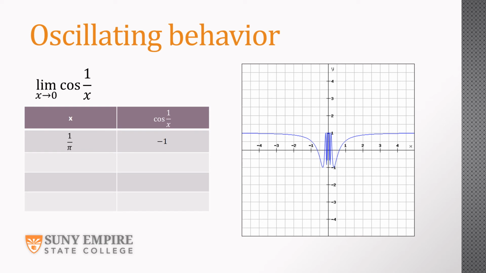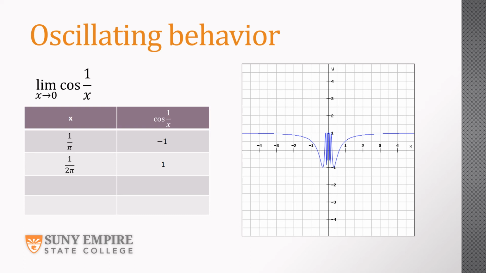Consider the x value of 1 over pi. When we plug this value into the function, we have the cosine of 1 over 1 over pi, or just the cosine of pi. This is -1. But what happens as we move in closer to x equals 0? If we have an x value of 1 over 2 pi, we are taking the cosine of 1 over 1 over 2 pi.